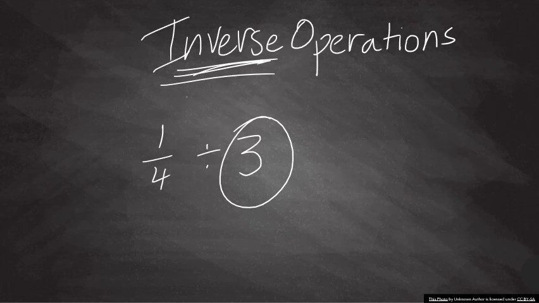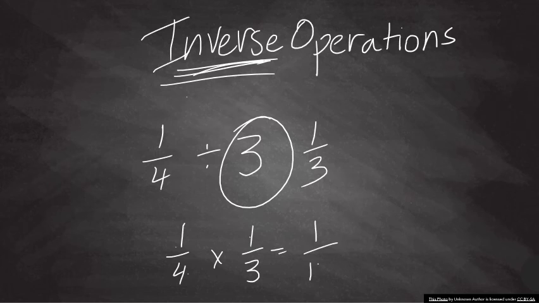What is the inverse of 3? 1/3. So now I can multiply 1/4 times 1/3. 1 times 1 is 1. 4 times 3 is 12. So the quotient here, 1/4 divided by 3, is 1/12. You multiply times the inverse, and that's how you find your quotient.